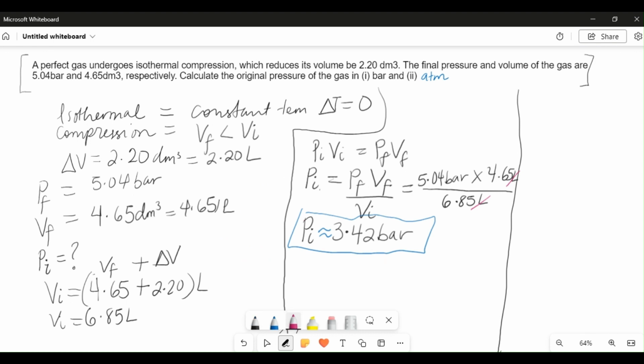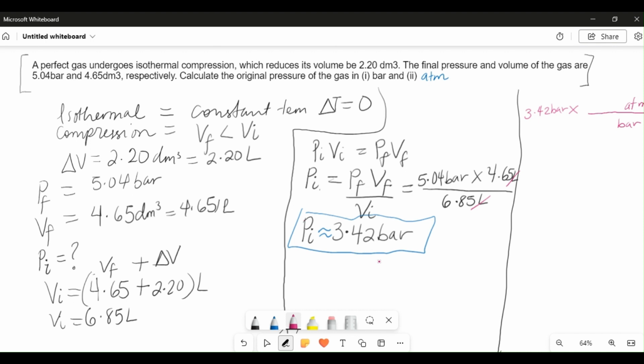Let's do it here. 3.42 bar times a units conversion factor. We have to have bar at the bottom, in the denominator, so that the units for bar can cancel, and we have to have atmosphere up top. So we're going to put the value that compares atmospheric pressure units to bar units.